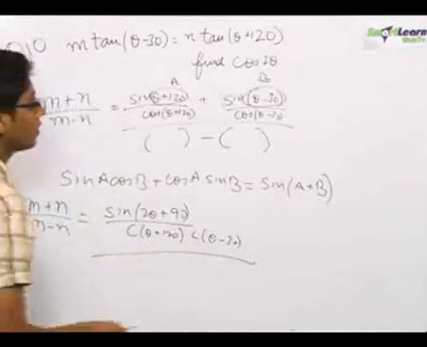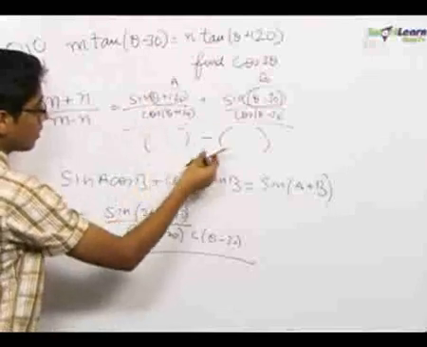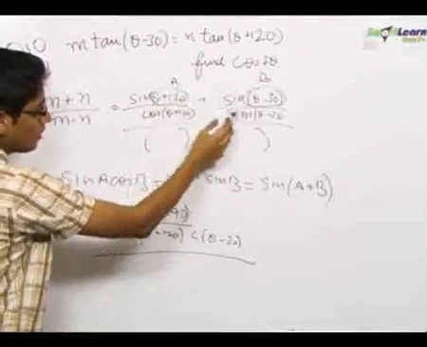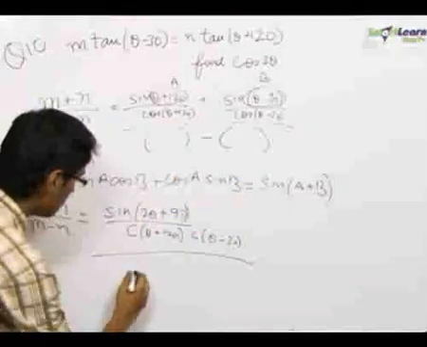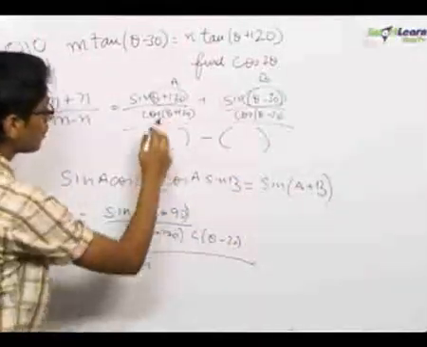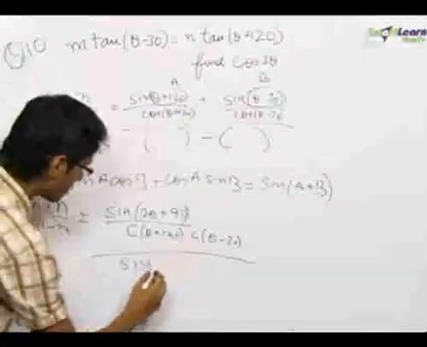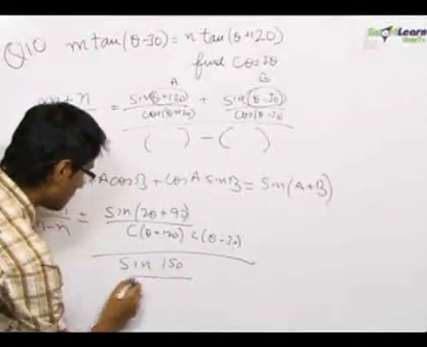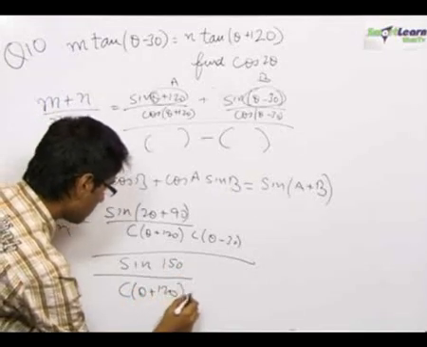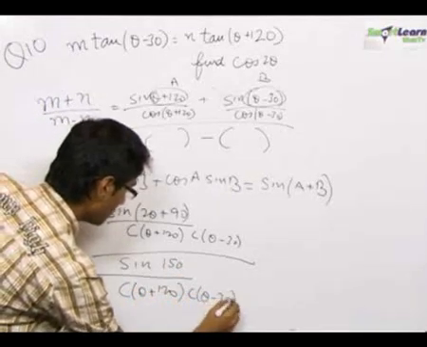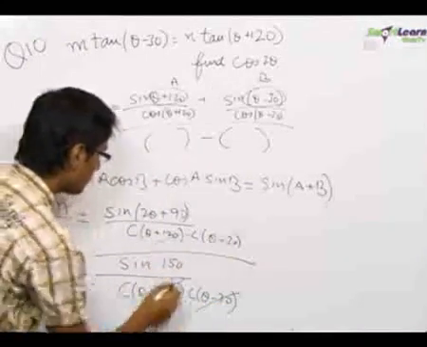And similarly in the denominator, we can clearly see the formula will change as sin A cos B minus cos A sin B. So this becomes sin of A minus B. So sin of A minus B becomes 120 plus 30, that is sin of 150 degrees. And similarly, these two cos terms will come again. We can just cancel out these four terms.